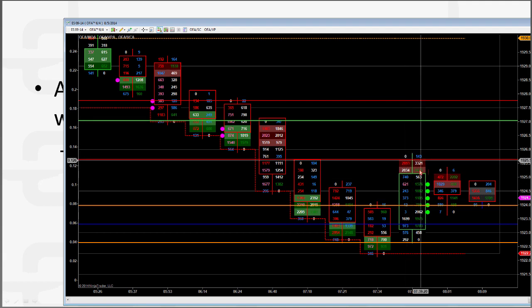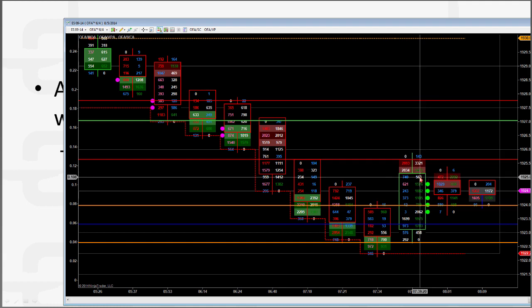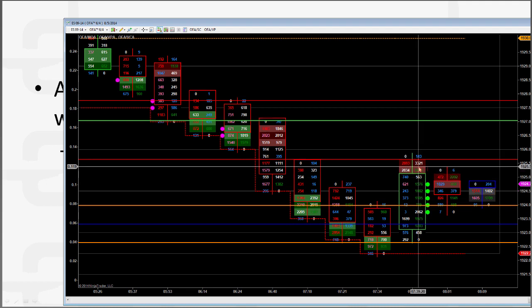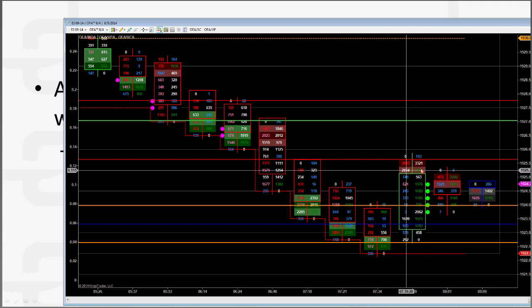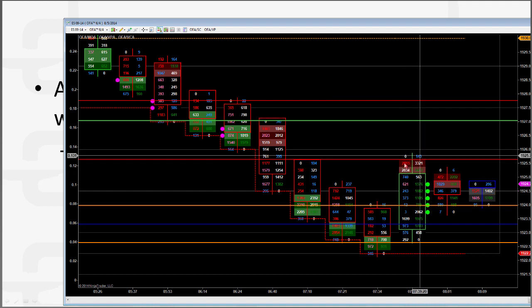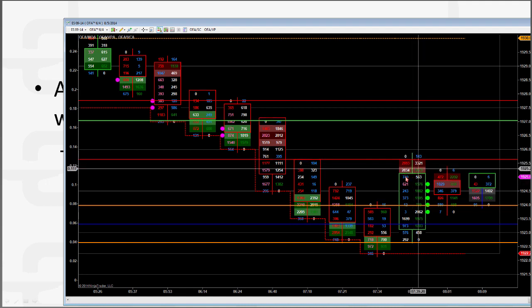So I look a couple levels deeper just to see what the buyers and sellers are doing. And in this case, I would need to see strength coming back in at the bid, and I would need to see the weakness at the bid going away, in order for me to get short. So I'm watching the auction not just at this level, at the top of this rotation, but I'm also watching it two levels lower.